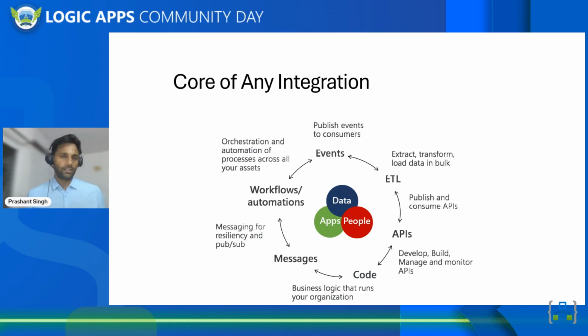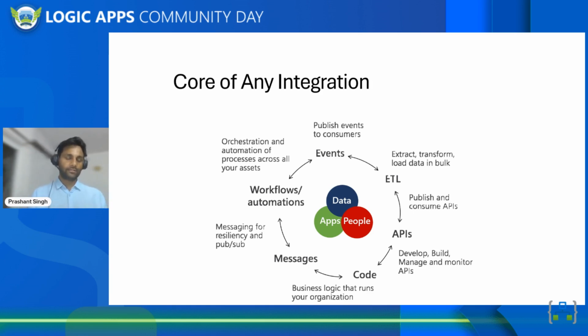So in general, whenever we talk about integration, there are some key things present in all integrations. You generally have some workflows, where you say first I need to do this, then this, and then there is a workflow which needs to be followed. Then you have some events, where if this happens, then another thing should follow.